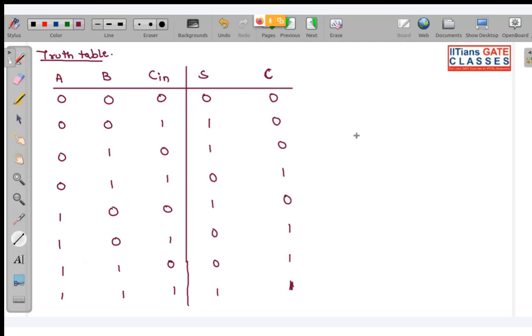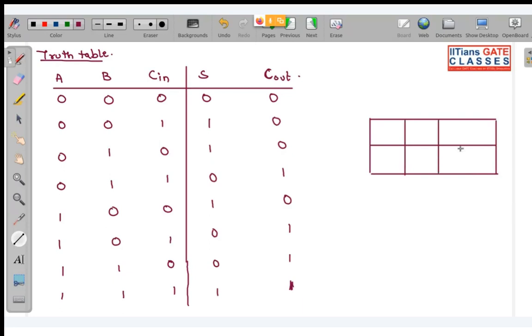Now let us make the K map for sum and carry and see the expressions for S and C. I should write this as C out because this is carry out, and this is carry in. Everybody should revise before coming to the class.